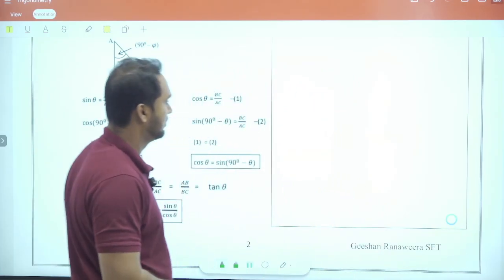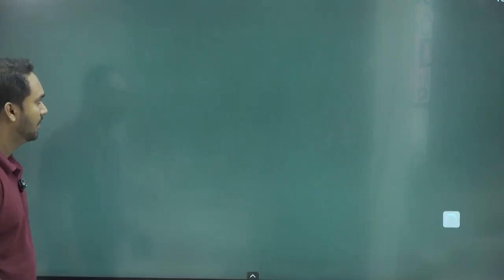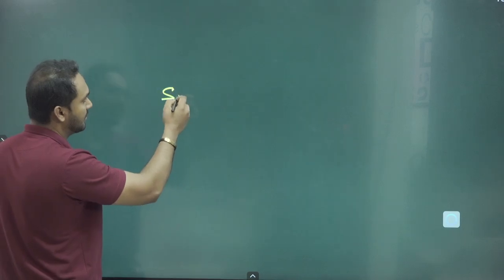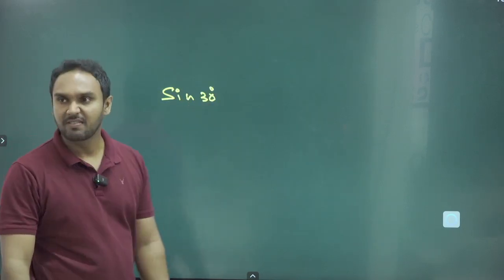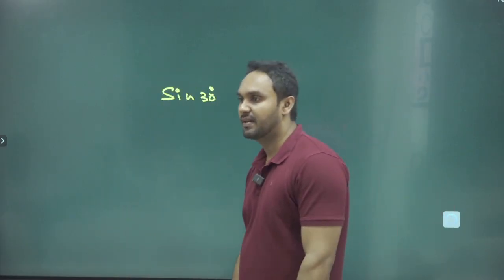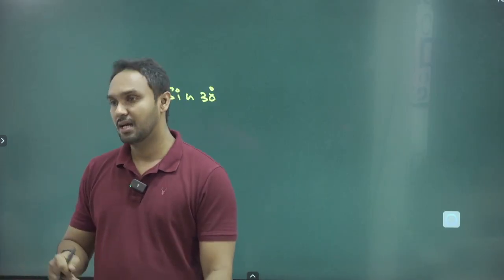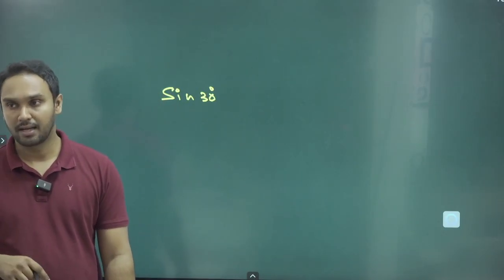Right. So if you are asked to find the sine 30 value equivalent cos value, how do you find it? What is the sine 30 value equivalent cos value? You deduct it by 90. So you get the cos value equivalent to the sine value, right?